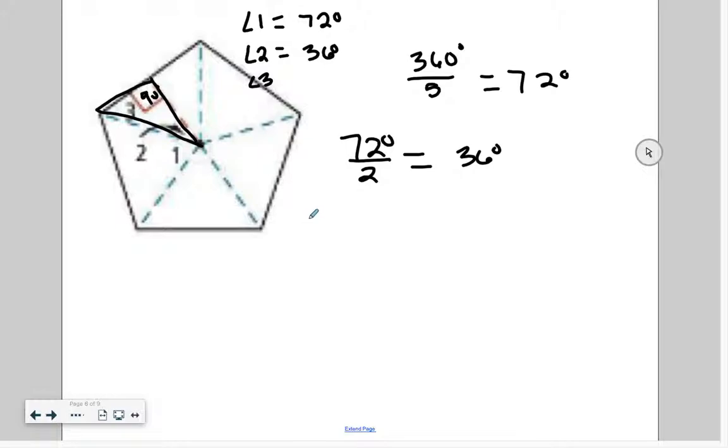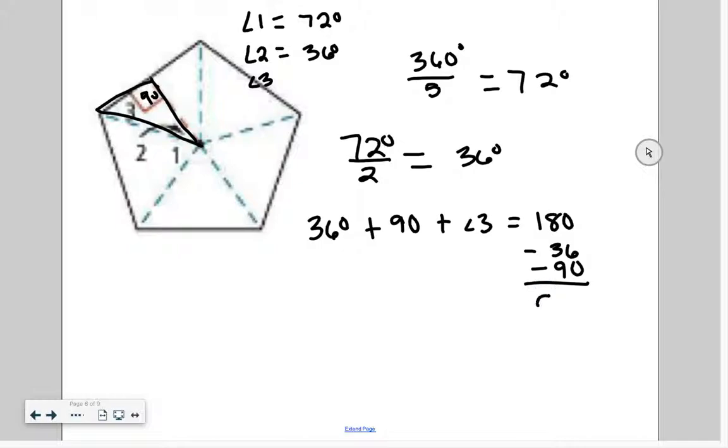So if I know that the measure of angle 2 is 36 degrees, and then we have a 90-degree angle, that's going to lead me to find the value of angle 3. So 180 degrees minus that 36 minus that 90 leaves me with 54. That means the measure of angle 3 is 54 degrees.